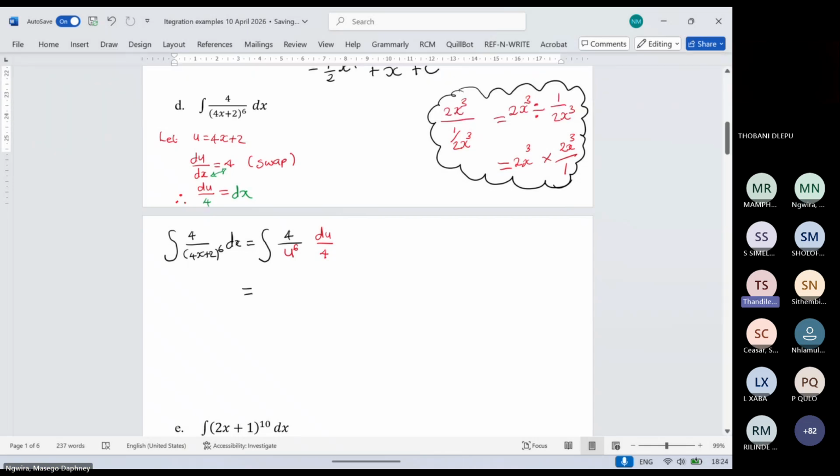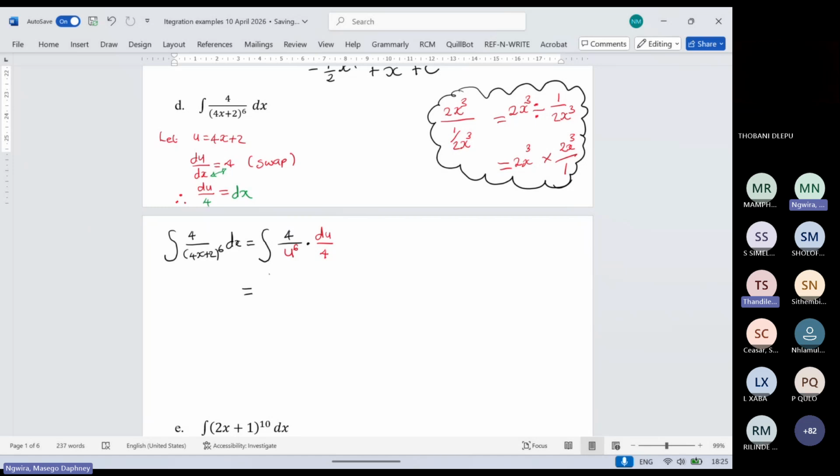Here I'm seeing 4 and u to the power 6, right? So I think we're going to have to put it on top. I'm not sure which one is correct, but I know that the du over 4 has to go before the sign.